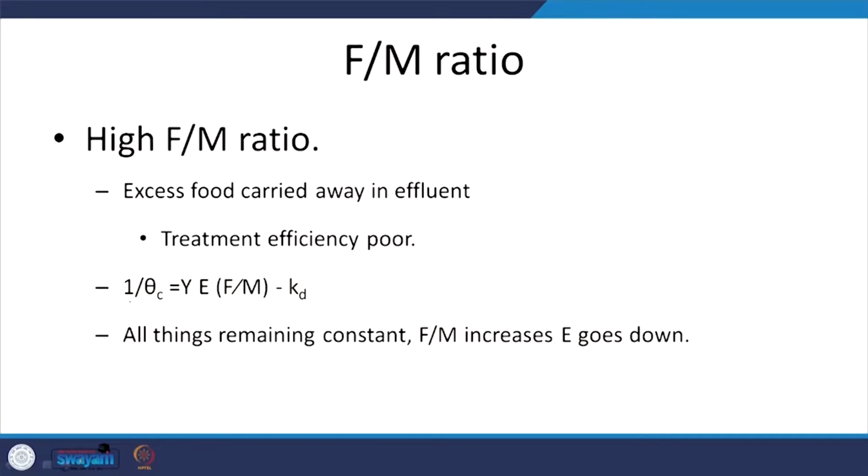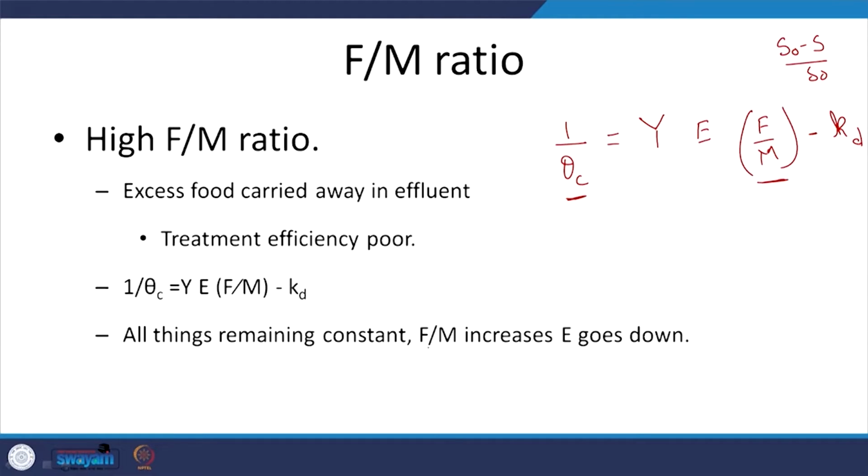By playing around with the variables, we can get this. We looked at this in terms of X and so on and so forth. Y is the yield coefficient. E is the efficiency of removal, (S0 minus S) by S0, into F by M, F by M minus KD. So what do you see here? When F by M is high, theta C will be less, or the cell residence time will be less.